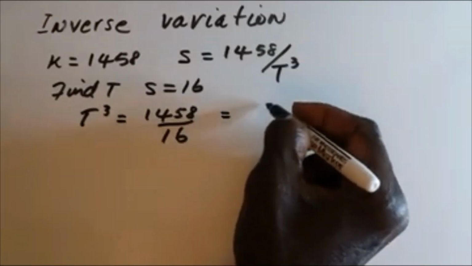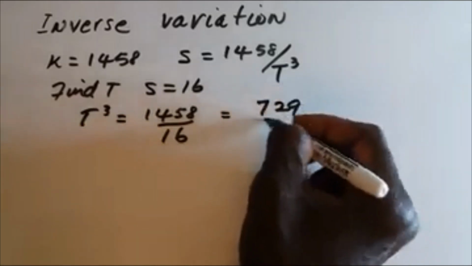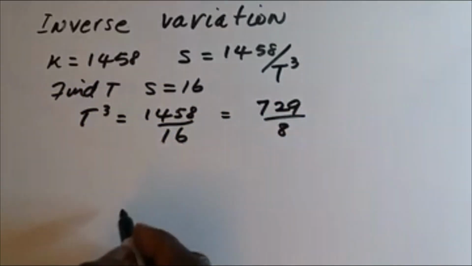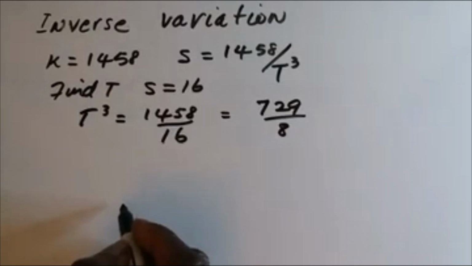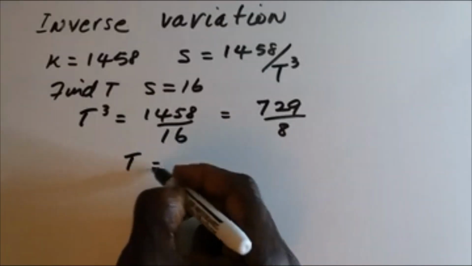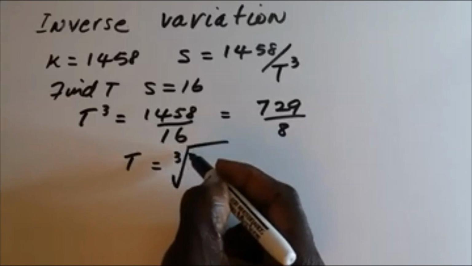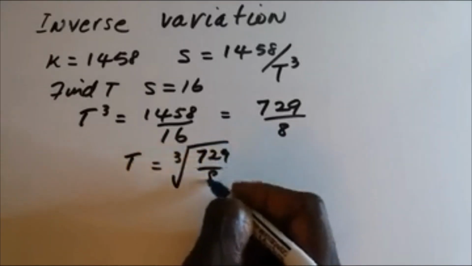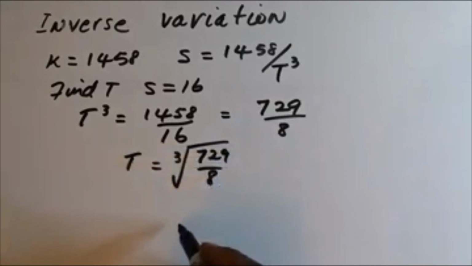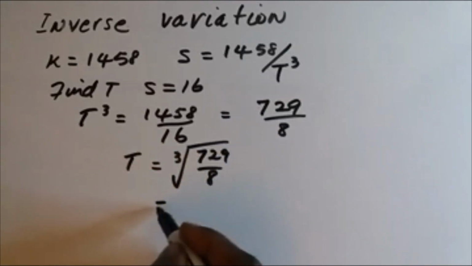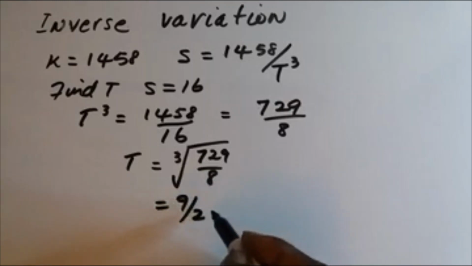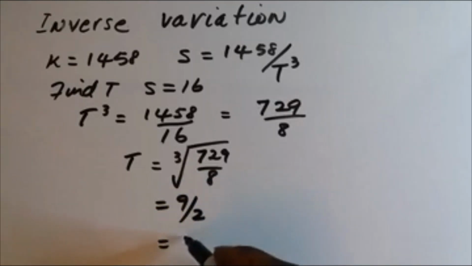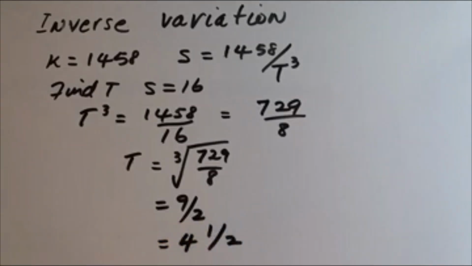This simplifies to 729 over 8, and t is the cube root of 729 over 8, which turns out to be 9 over 2, or 4.5. And that's it for inverse variation.